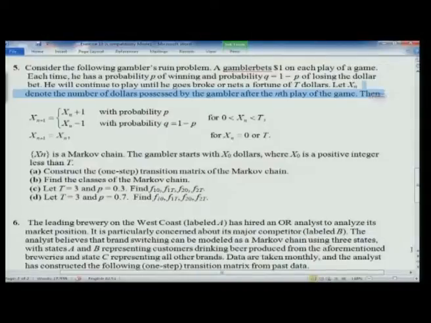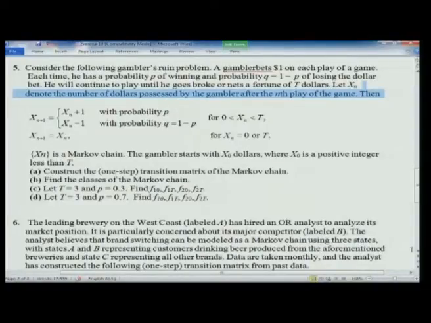Now, question 5, which I told you in the lecture is based on the gambler's ruin problem. I thought that I will leave the computations to you, as I just explained to you what the problem is.